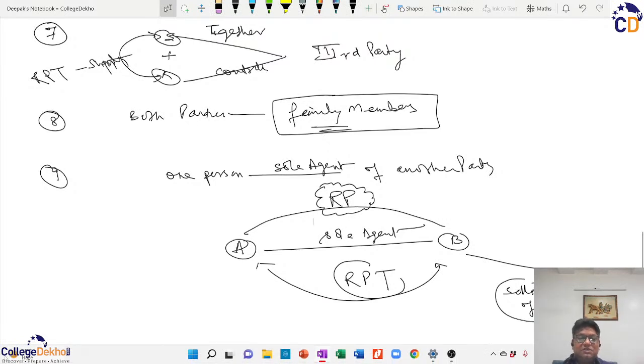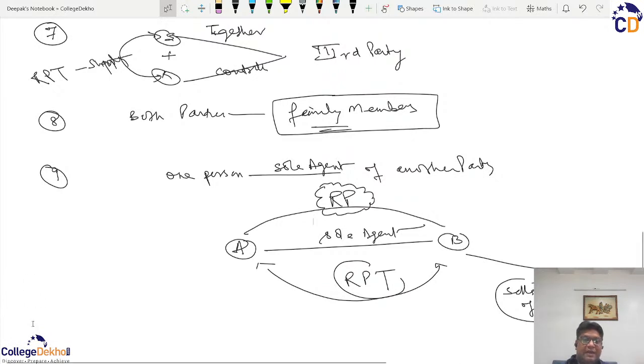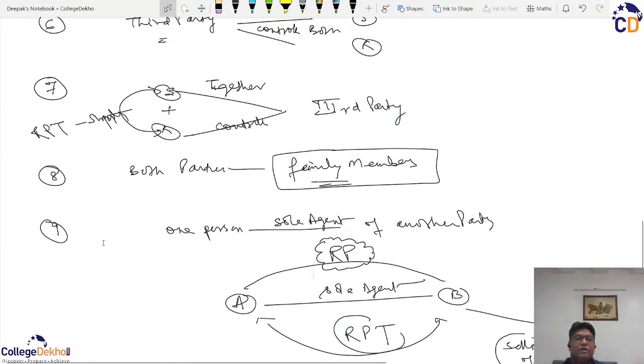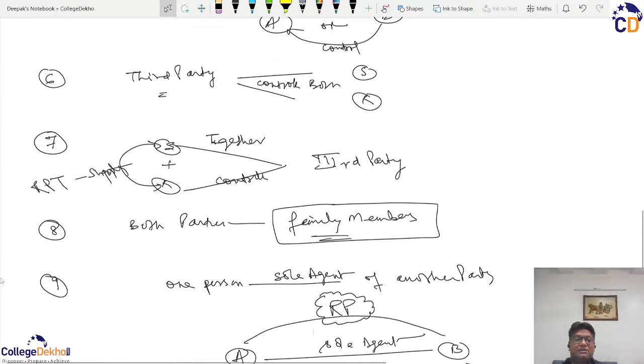This A and B will be deemed as related parties. So we have to understand that as per the GST Act, these 9 cases, I again repeat, one person who is the pure agent of the another, then this person and the pure agent will be deemed as related party. If the buyer and the seller, or we should say the supplier and the recipient, they both are the members of the same family, then such supplier and recipient will be deemed as the related party.